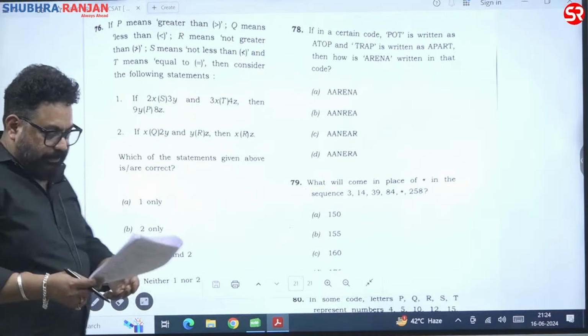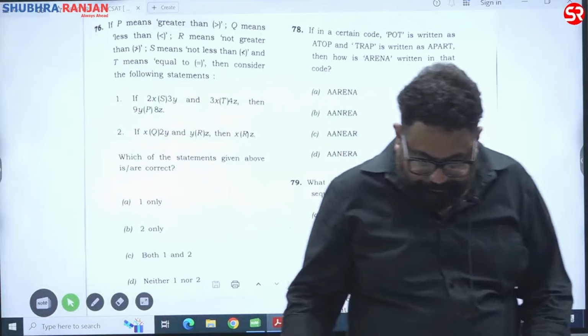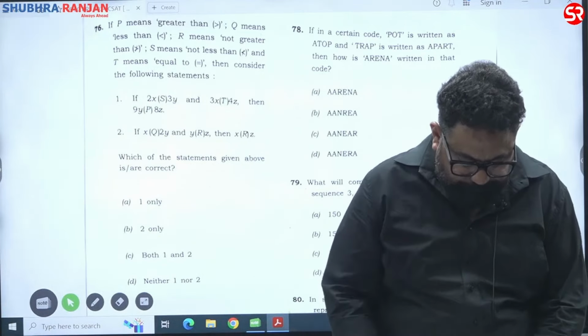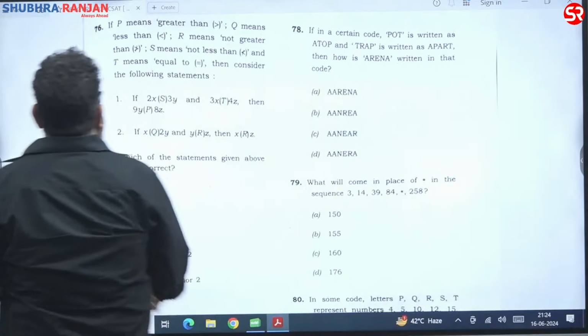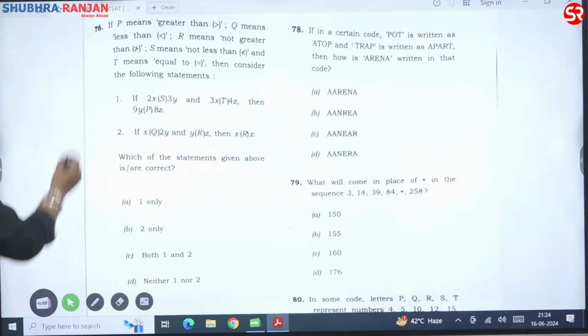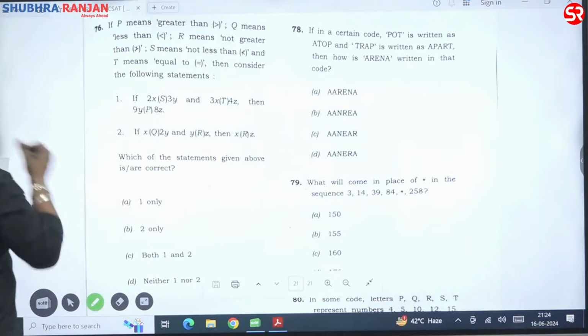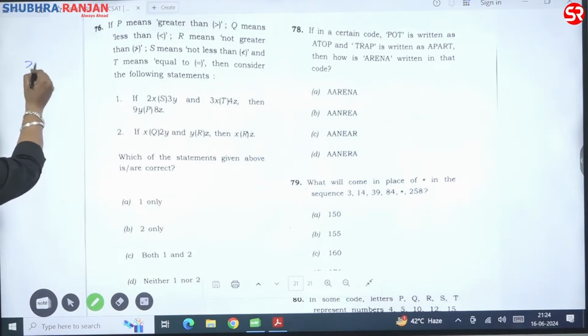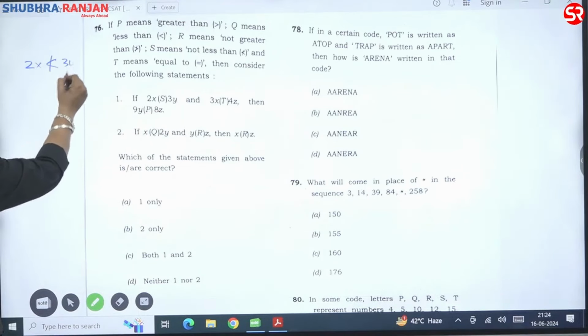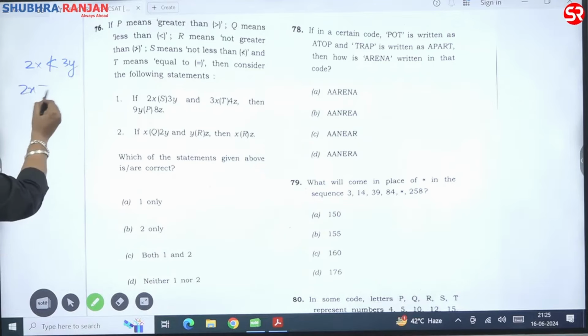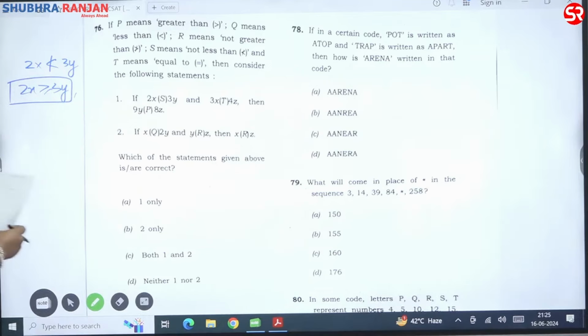So again, these are symbols. Let me see. This is question number 76. So check this out. If you read it, 2x s 3y actually gives you 2x is not less than 3y, which means 2x is greater than or equal to 3y. And the second portion is 3x t 4z, which means 3x is equal to 4z. This would give you a relationship, but the question says, consider the following: which of the statements is true?